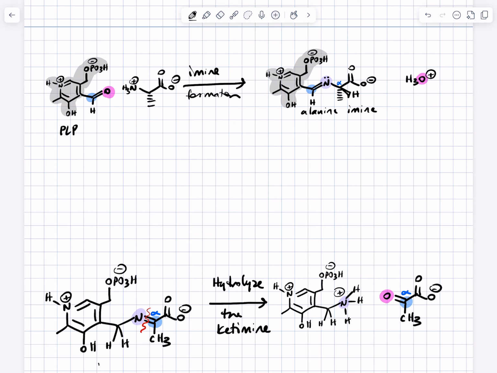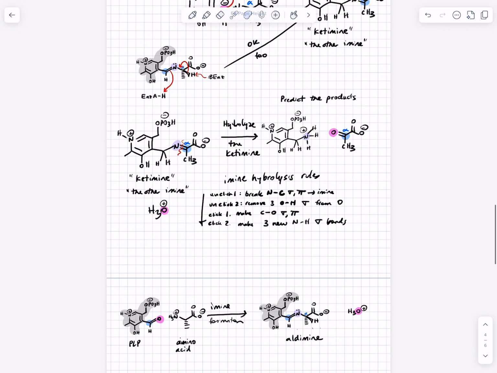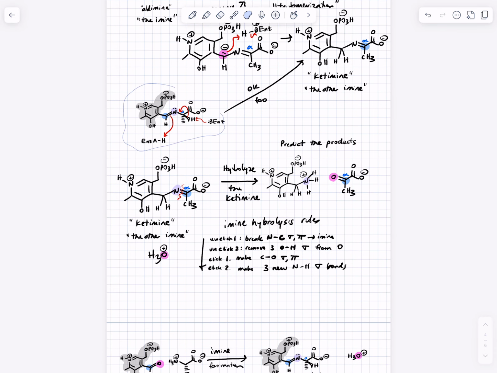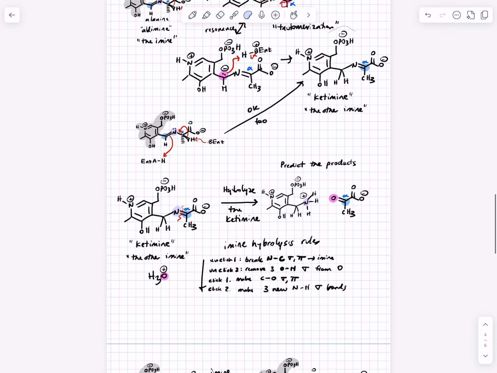All right, so we make the imine from the amino acid and PLP. That gives us the aldimine product. And then, of course, once we get to the aldimine product, we can do the tautomerization step, which gives us, instead of the aldimine, what we've called the ketimine.